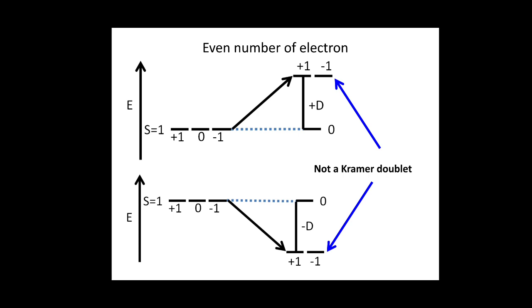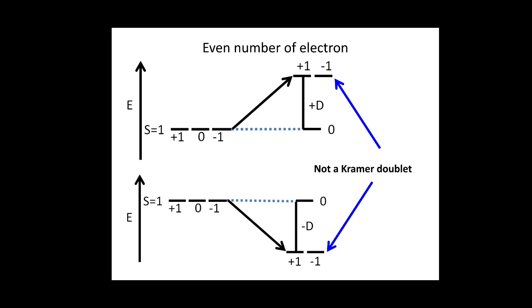So let me first introduce the D term. When you introduce the D term, again there are two kinds: there is something called positive D and something called negative D. Positive D is usually called plane anisotropy, and the negative one is known as axial anisotropy.